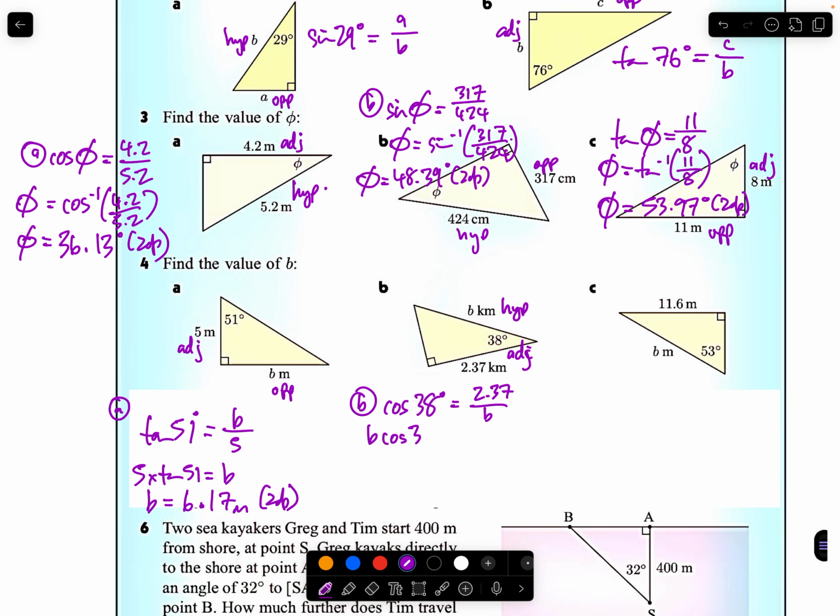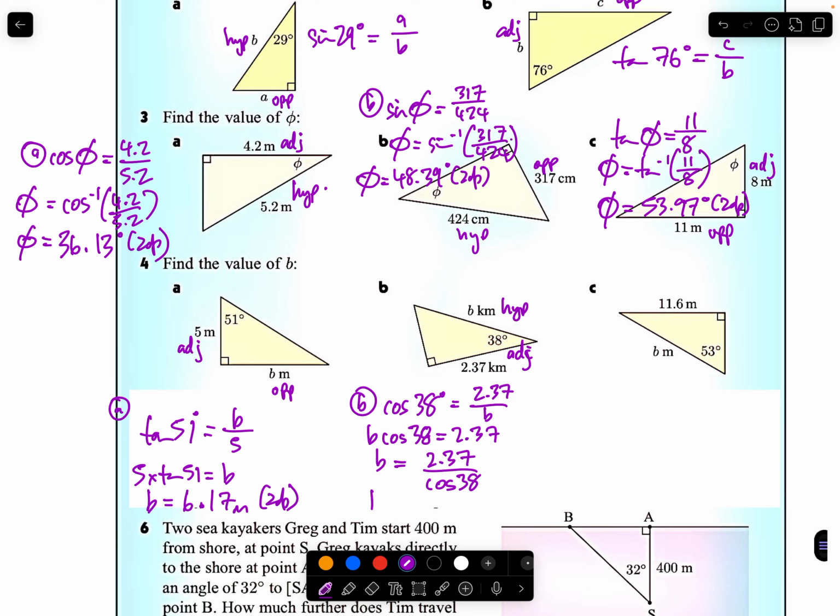Opposite of multiplying by cos 38 is dividing, so B is going to be 2.37 divided by cos 38, which is 3.01 kilometers, rounded to 2 decimal places.